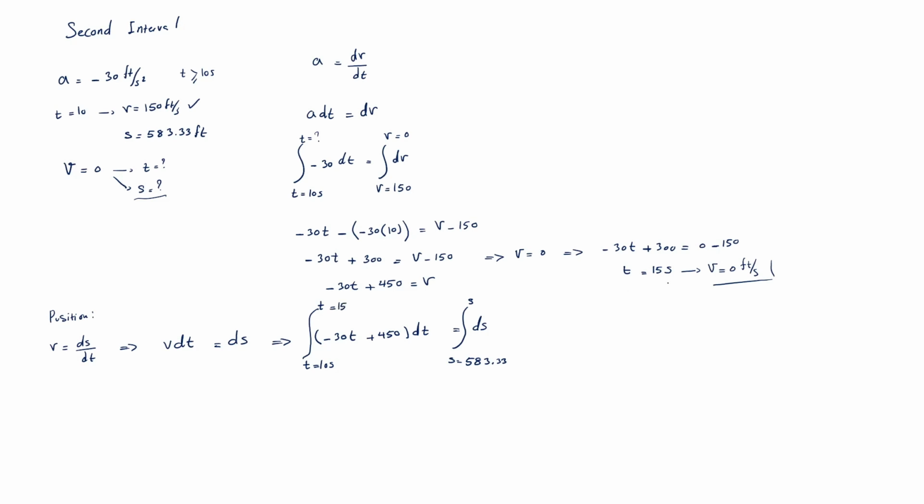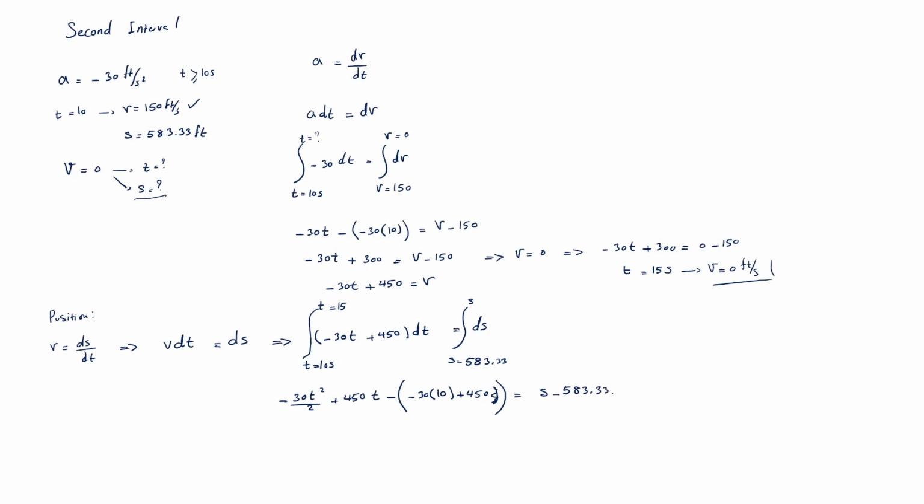So when we solve this integral, we get minus 30 times t squared over 2 plus 450 t minus the lower limit of the integral, which means minus 30 times 10 squared over 2 plus 450 times 10, equal s minus 583.33.